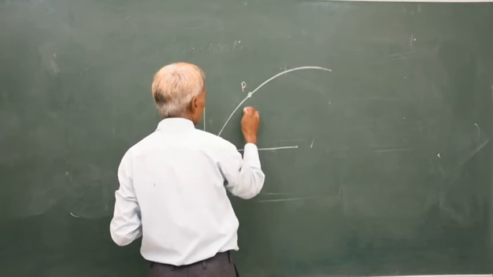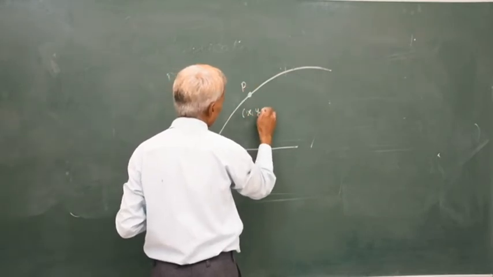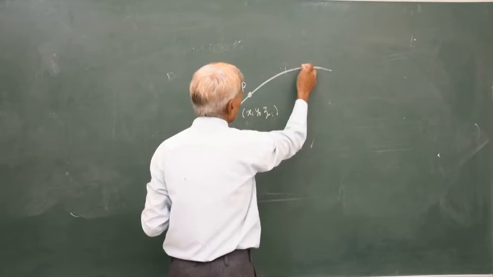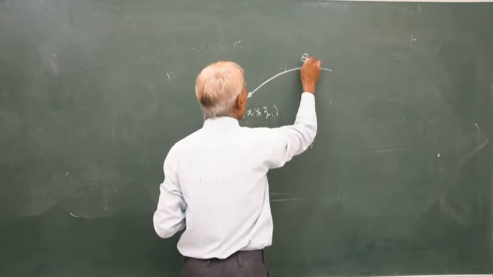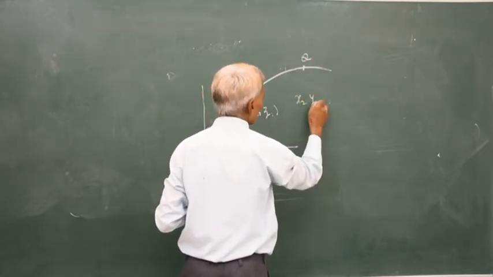Position P is denoted by x1, y1, z1 and Q is denoted by x2, y2, z2.